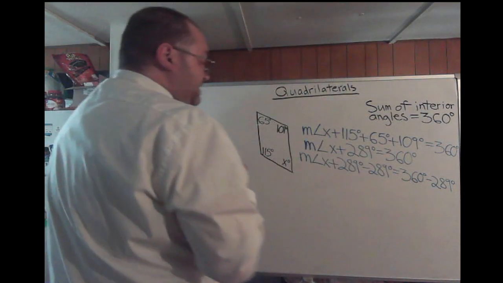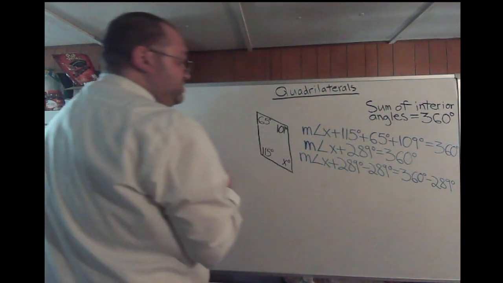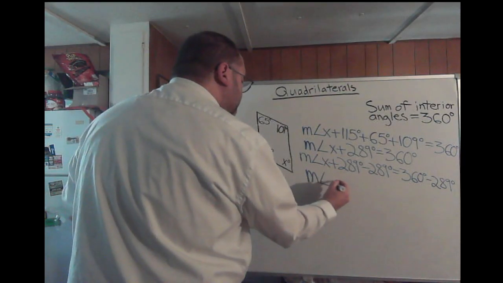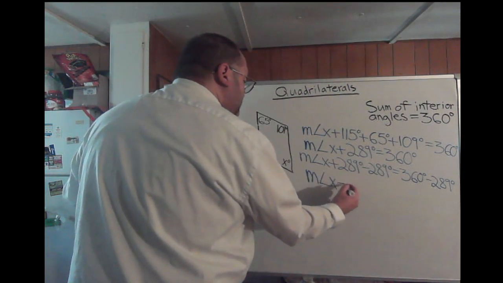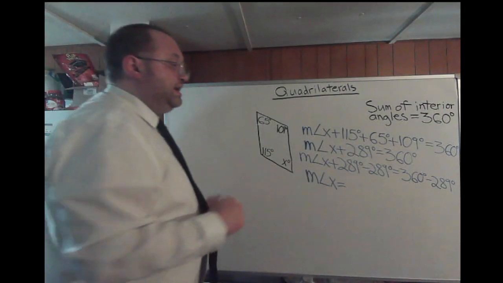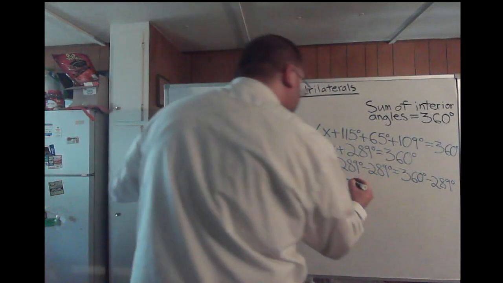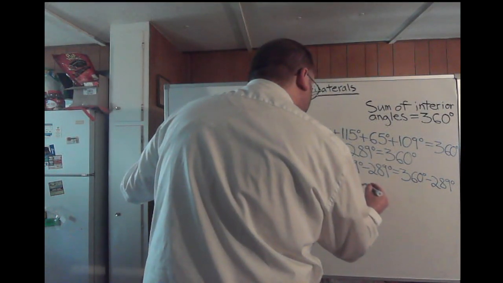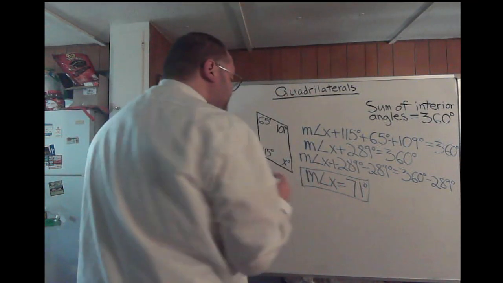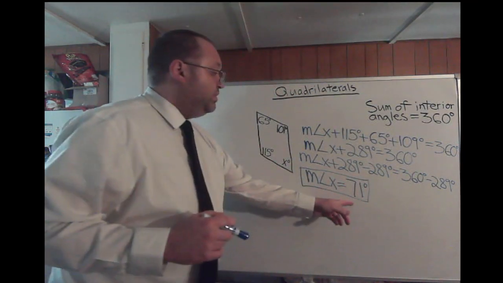Alright, so on the left side, 289 minus 289, that's 0. That just leaves the measure of angle x by itself. You'll set that equal to whatever 360 minus 289 is. I can tell you right now it's 71. So therefore, the measure of angle x, your missing angle, is going to be 71 degrees.